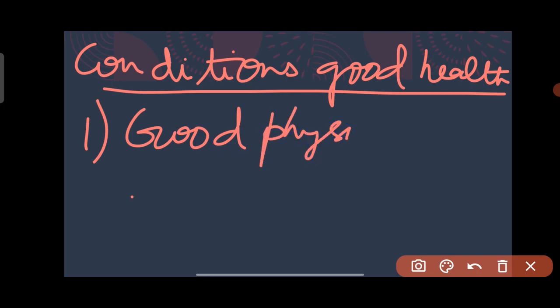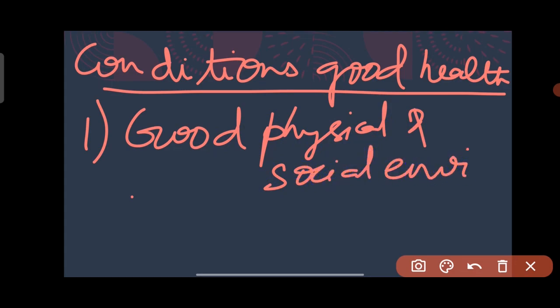Okay, so conditions for good health. What are the basic conditions? First is good physical and social environment.